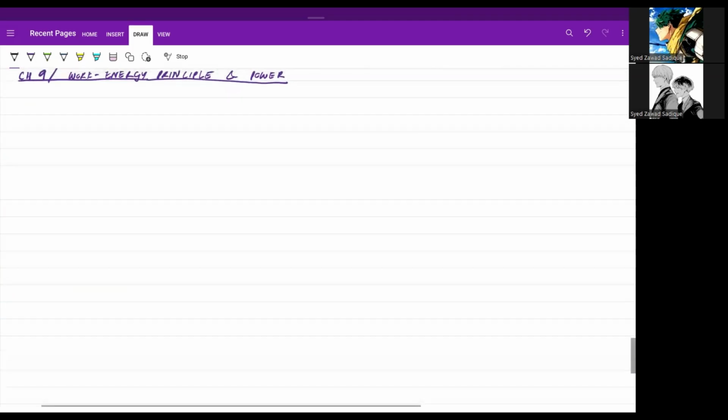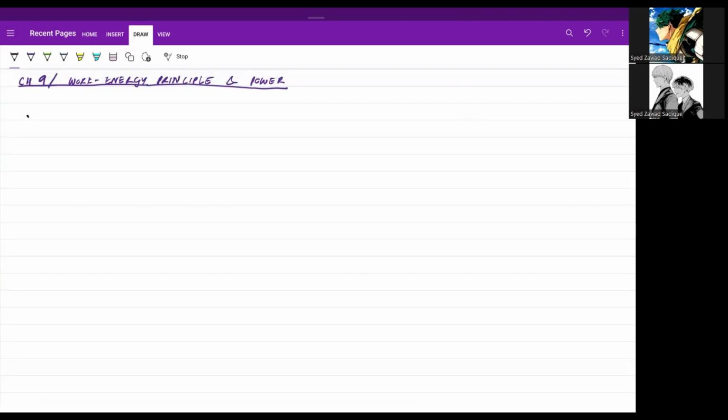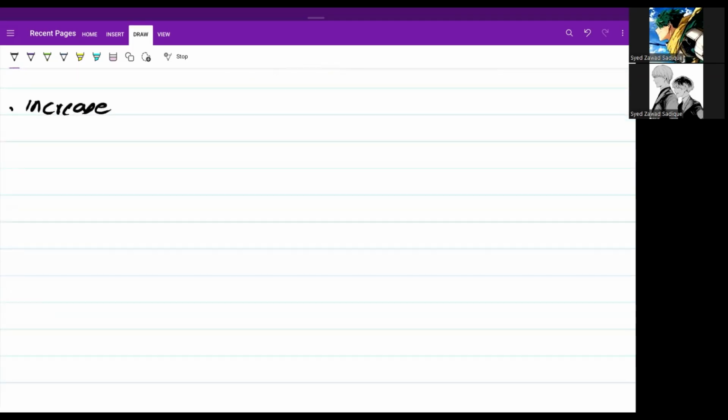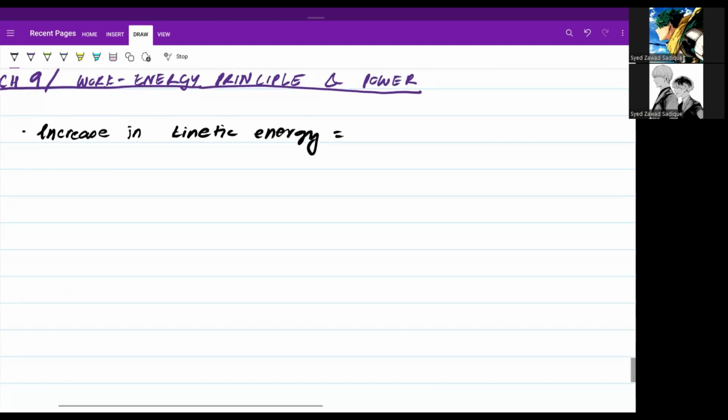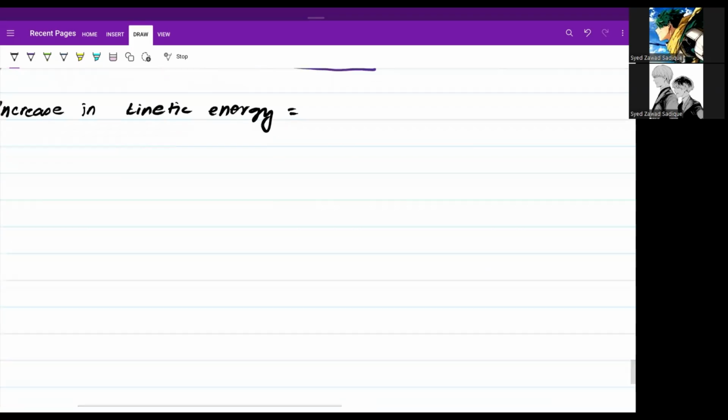So anyways, the first formula that we learn is: increase in kinetic energy is equal to total work done by all forces.